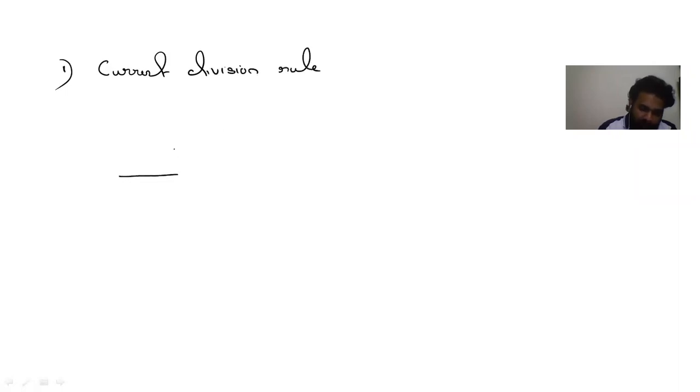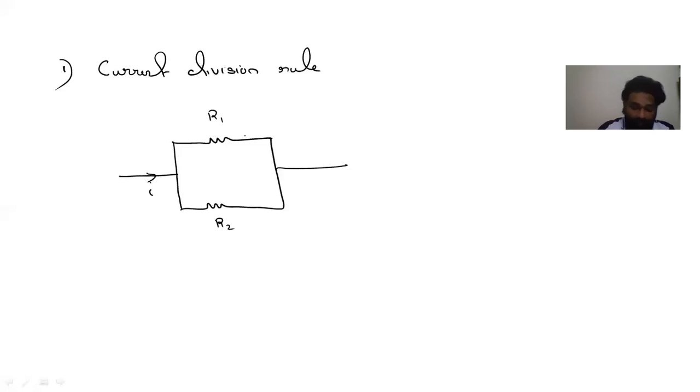Suppose a current I is coming like this, and two resistances, R1 and R2, are there. Through R1, current I1 will go, and through R2, current I2 will go. This current I divides across R1 and R2 based on the values of the resistances.